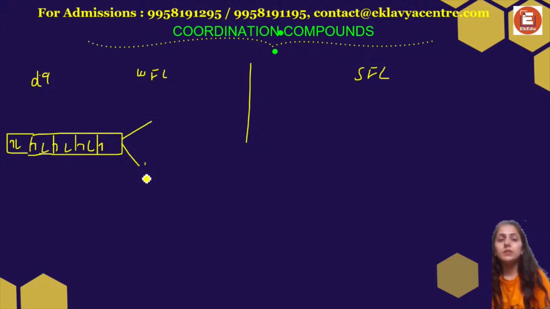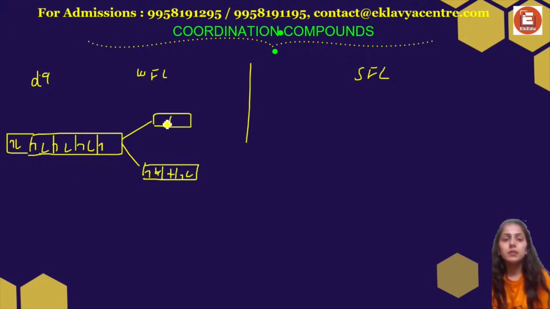So 6 we have to fill in t2g, and then the remaining in eg. Its value is minus 2 by 5 delta plus 3 by 5 delta.